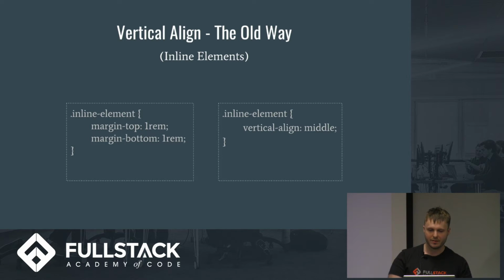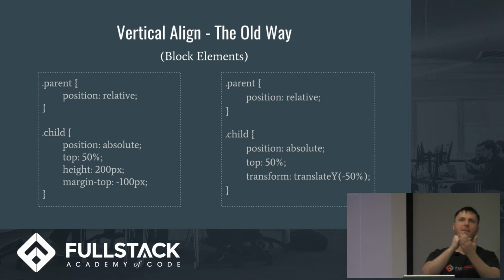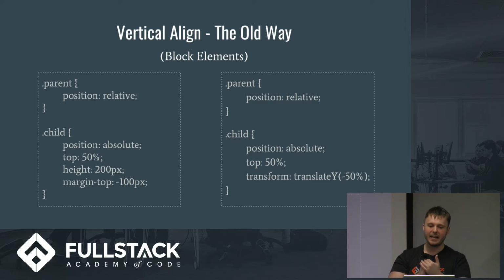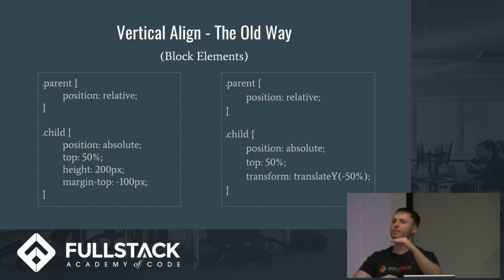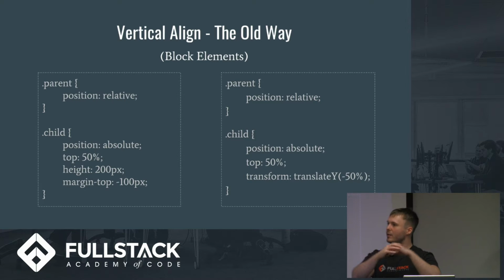So for block level elements, one method is to drop the element and align the top of the element 50% of the containing element, but then it's pushed too far down. Right now you can do a couple of things. If you know the height, so let's say it's 200 pixels, you can actually move it back up 100 pixels and it'll be vertically centered.